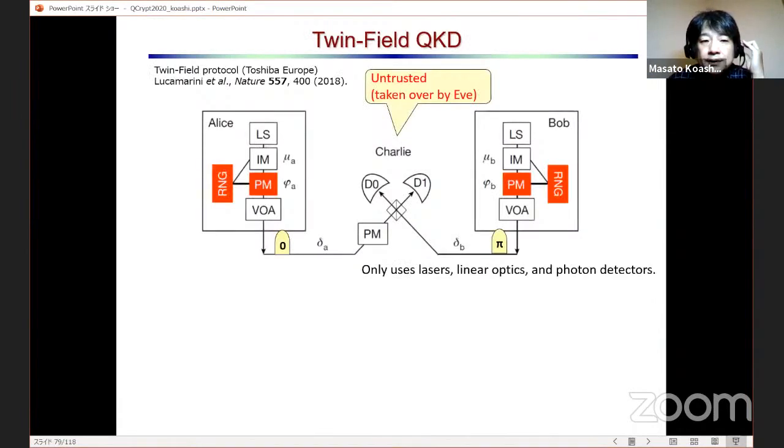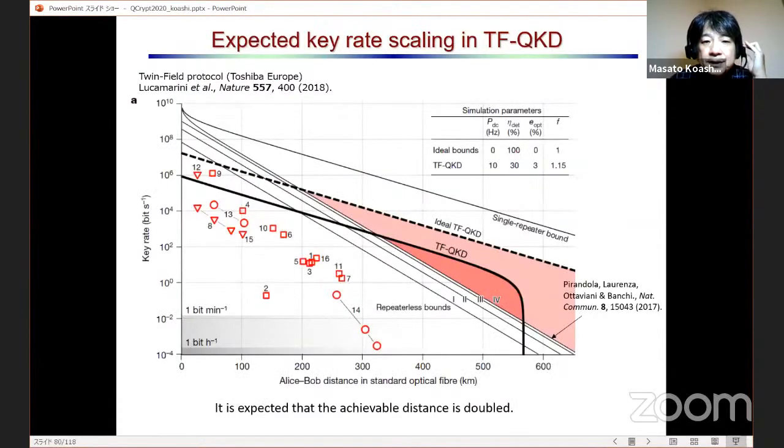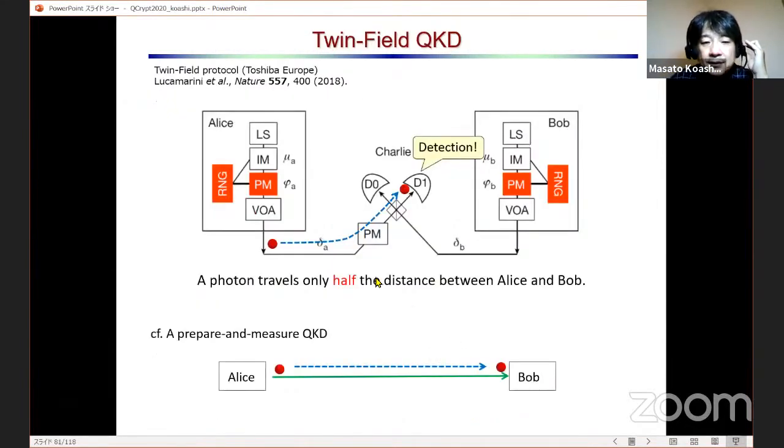Okay, so the next protocol is twin field QKD. The advantage of twin field QKD is that the achievable distance is almost doubled. It is doubled because whenever Charlie detects a photon, either Alice's photon or Bob's photon reaches him, so a photon travels only half the distance between Alice and Bob.